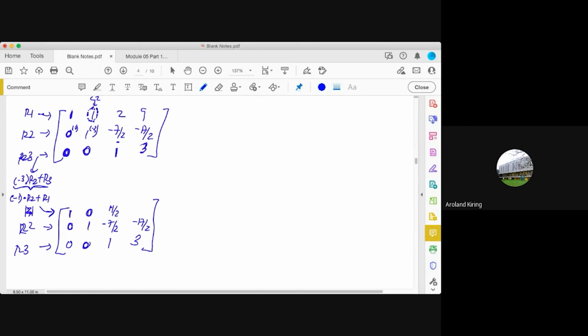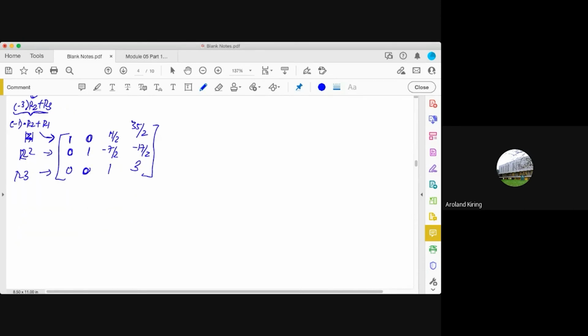And here you got 35 divided by 2. Okay, so you got these equations. So the next step, we want to change this one to become 0. So your row 2 and row 3 are 0, 1, negative 7 over 2.